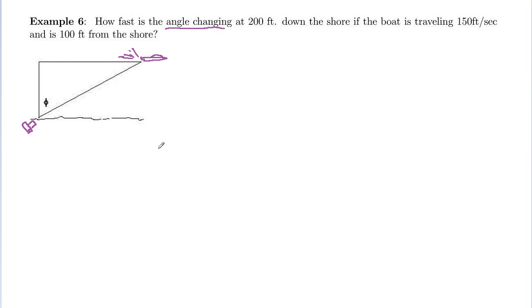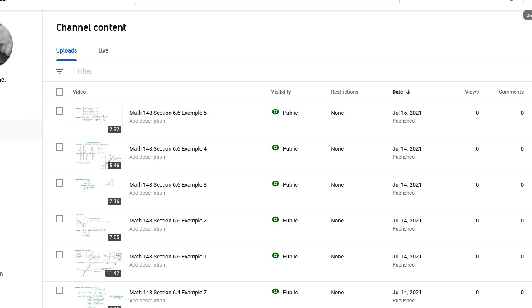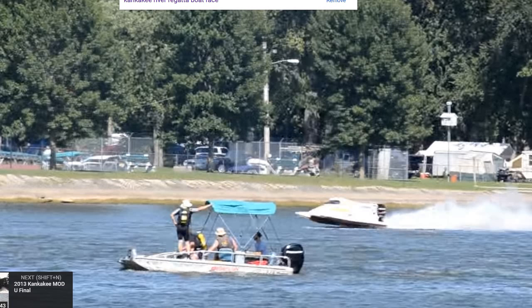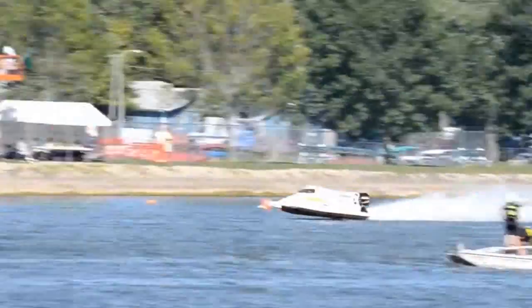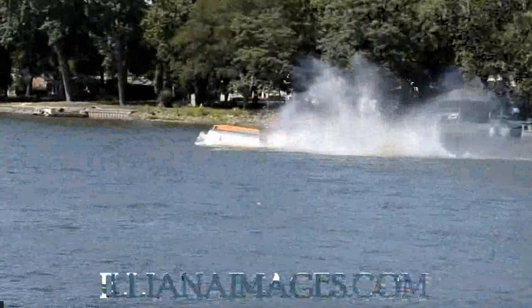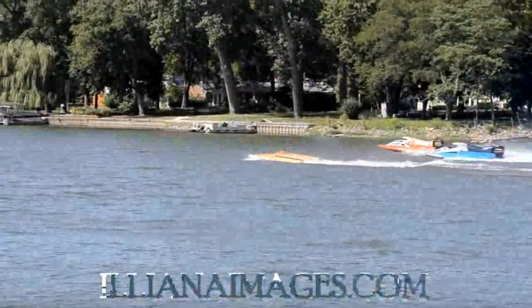So now, just to give you an idea of what these boat races look like, let me show you a couple of short clips here. So this first one is actually the panning angle, but then also shows a wreck of the boat. It just kind of caught too much air and boom, it was gone.